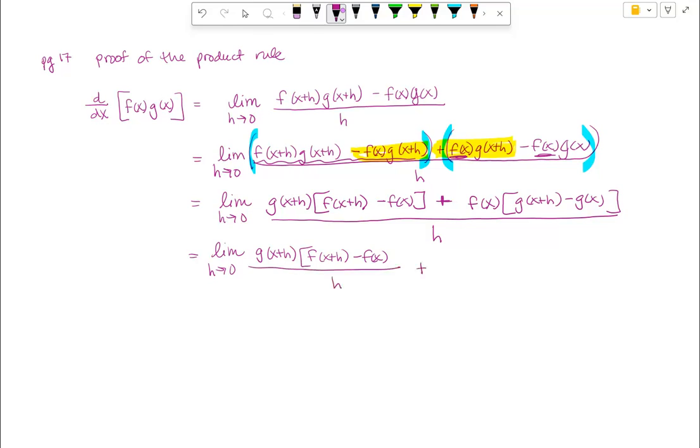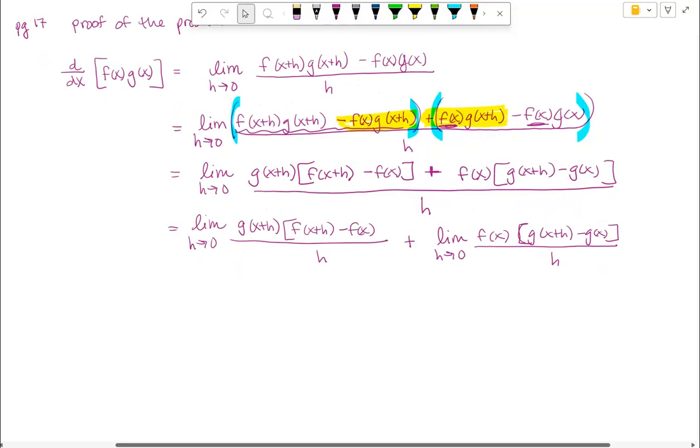And then I could add to that the limit as h approaches 0 of f of x times g of x plus h minus g of x, all of that over h. So again, we just broke up our limit as we had a limit of a sum. We wrote it as a sum of limits.